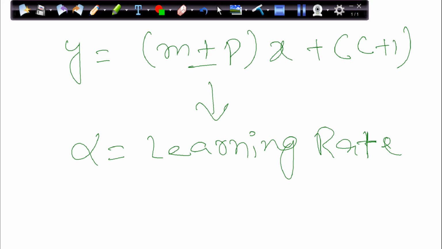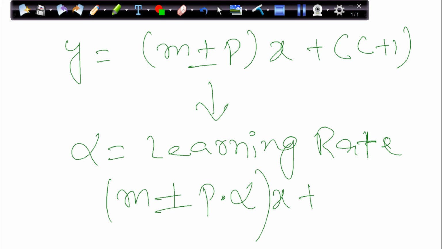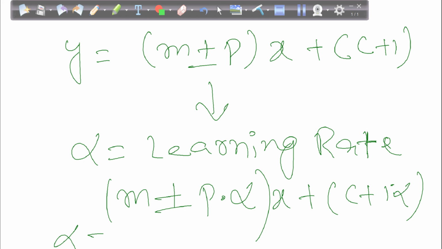Rather than taking these big steps, which is p, it takes a tiny step like this. So the whole equation becomes m plus minus p into alpha, and x plus c plus 1 into alpha again, and this alpha is a very small number.